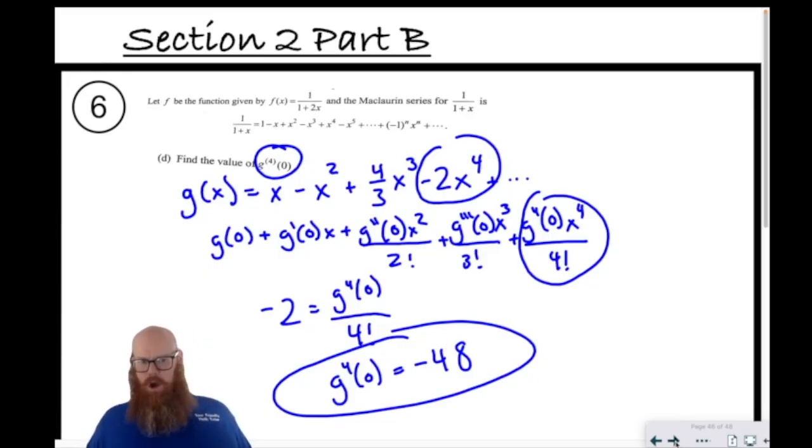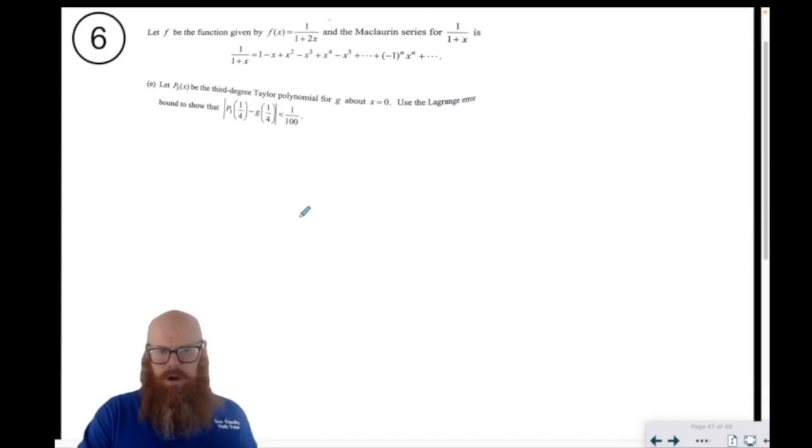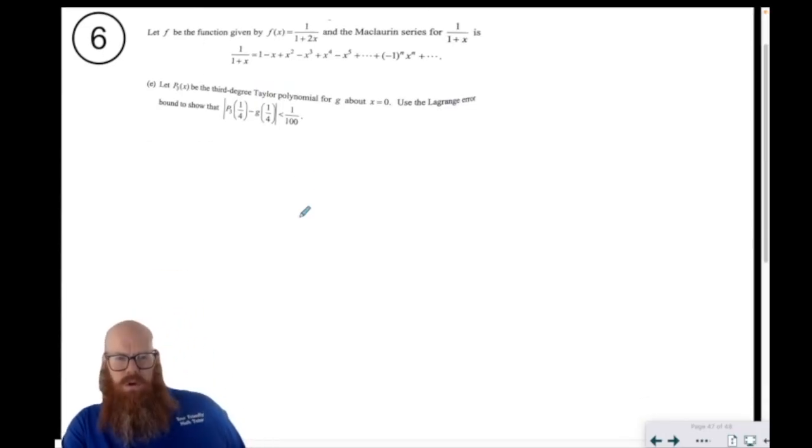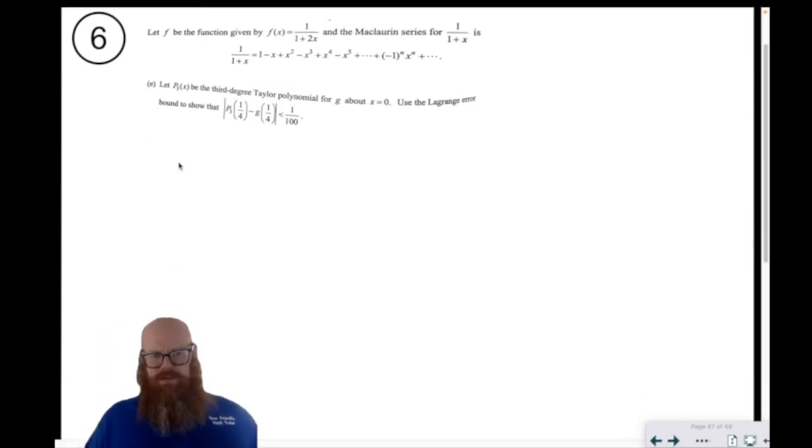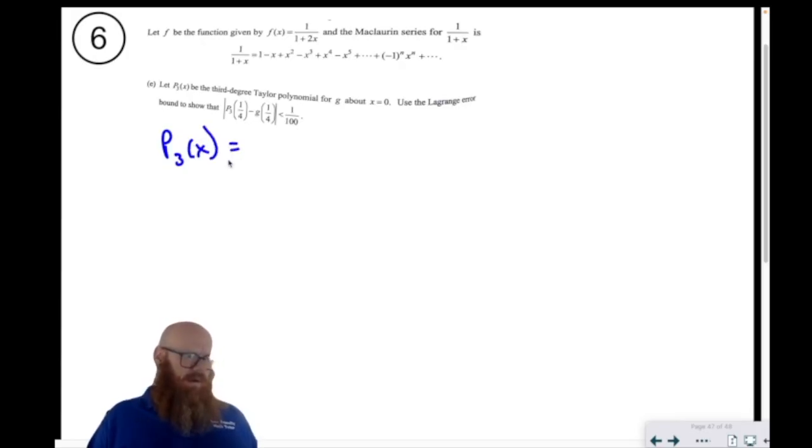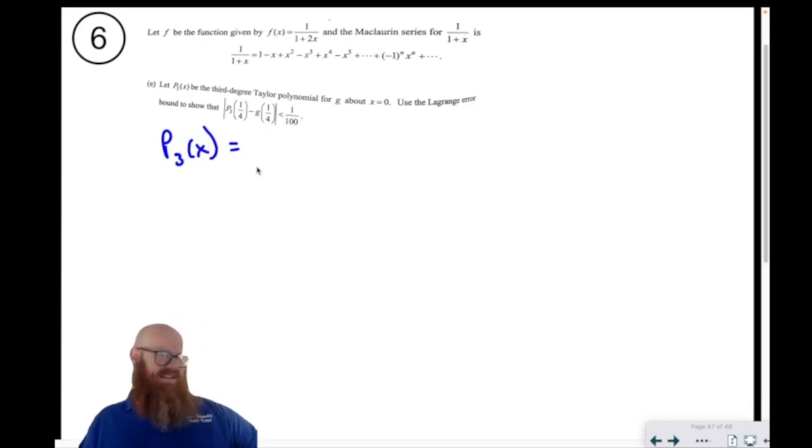All right, on to our last part. So this third degree Taylor polynomial, let's refresh what that was. That was from an earlier problem. So again, on YouTube, we just did it, but on TikTok, look back a couple videos. I think it was part C. We found the third degree Taylor polynomial about g.